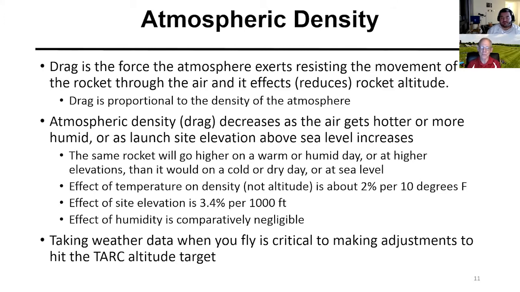So apogee is the place where the rocket turns around and comes back down. Perigee is the lowest place. Now, perigee for a rocket flight is ground level unless you post hole it, in which case it's a couple feet below ground level. Perigee applies to satellite orbits. But apogee is how high did your rocket go? What's the max elevation of your flight?